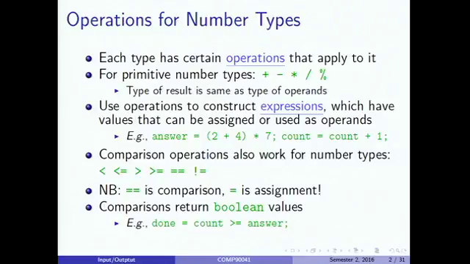When you apply any of these operations, the two operands have to be the same type. So you can add an int and an int, you can add a byte and a byte, and so on. And all of these operations return the same type as the two inputs. So you add two ints and you get an int.